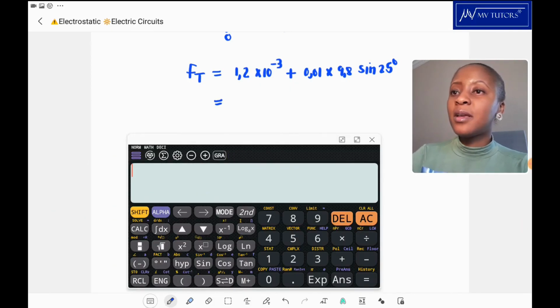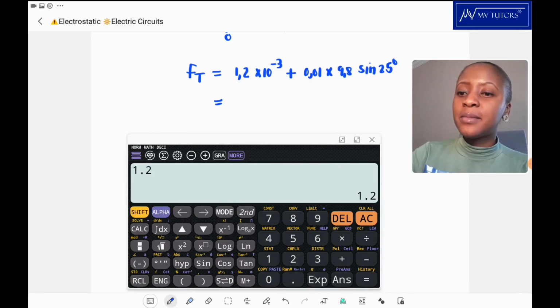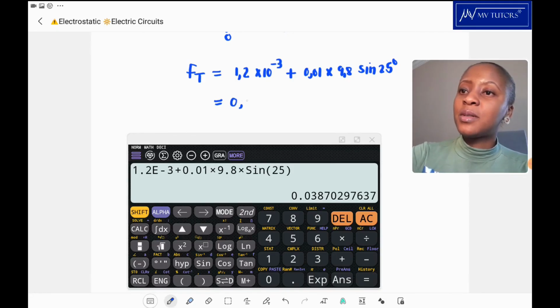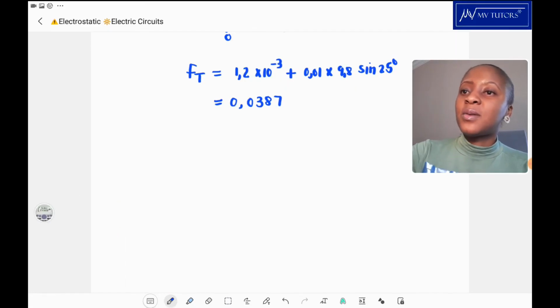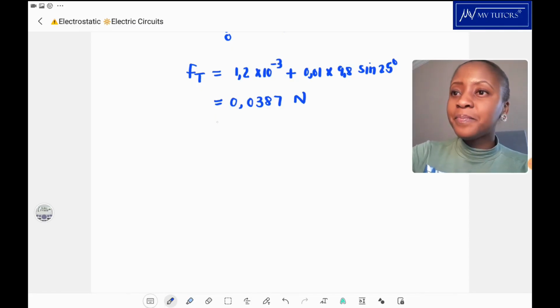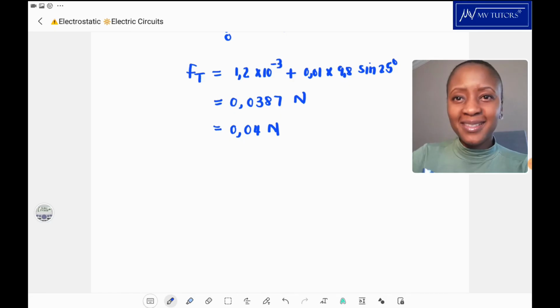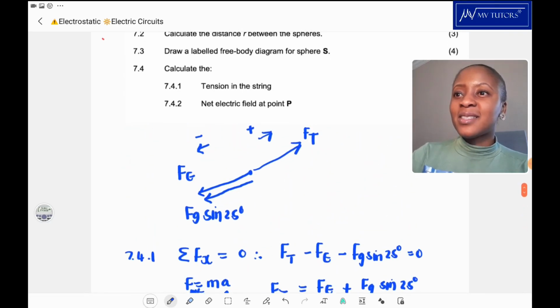We have 1,2 times 10 to the power minus 3 plus 0,01 times 9,8 times sine 25 degrees. And our answer there is 0,0387 Newton. And if we were to round to 2 decimal places, 0,04 Newton.